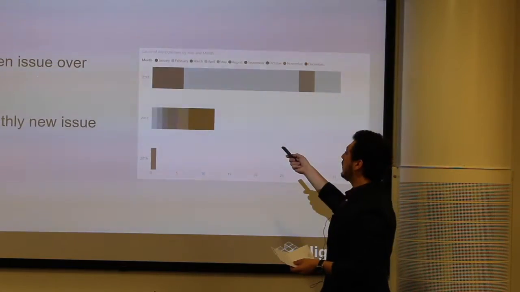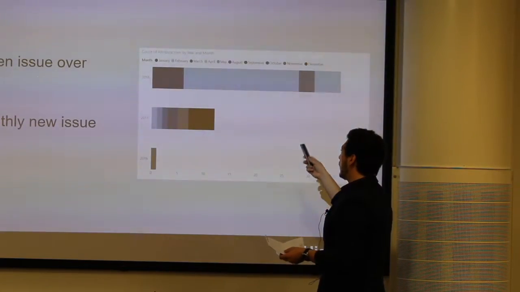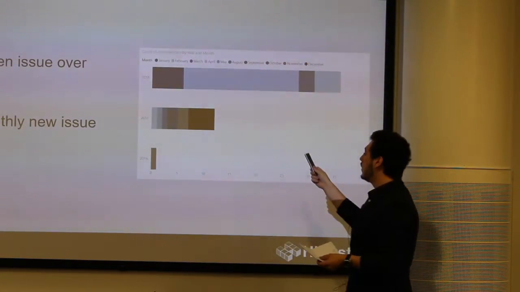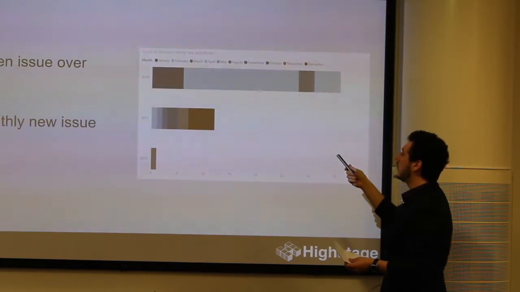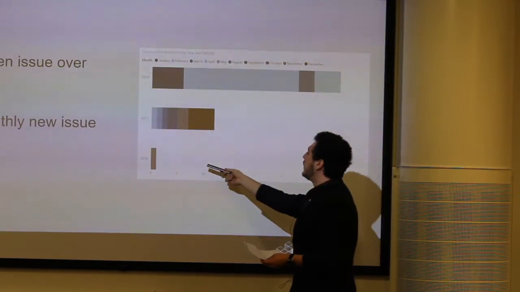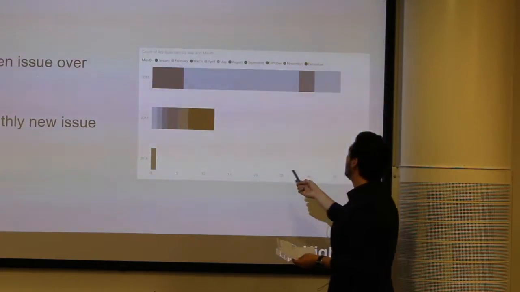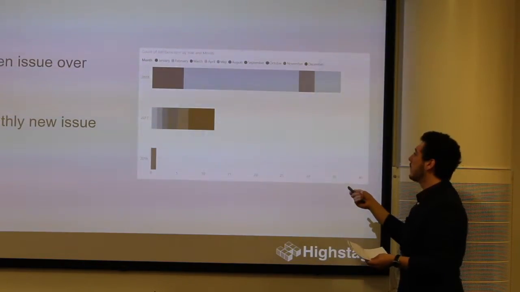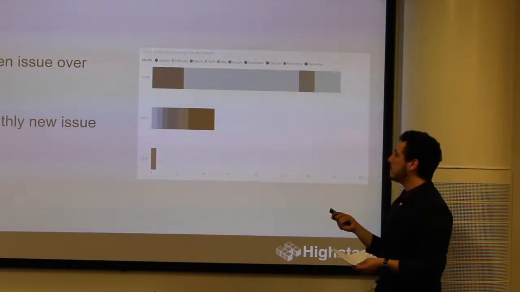And here we created a bar chart of open issues with the date they were created. So we can see that, for instance, in February around 20 new open cases were created.